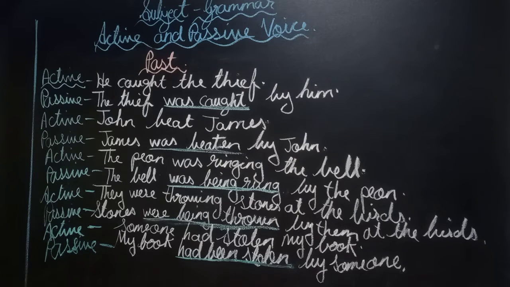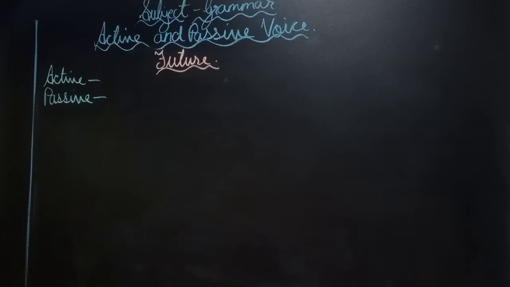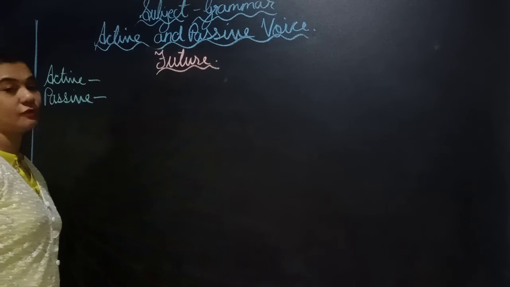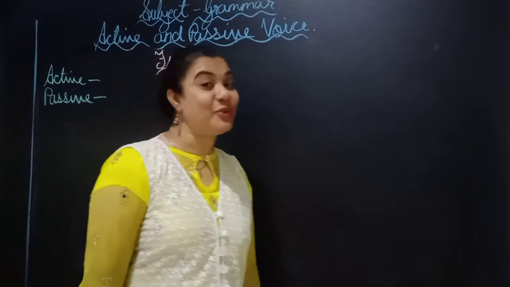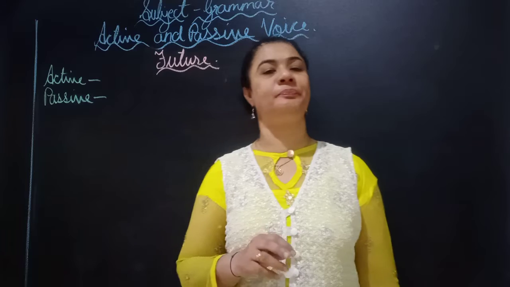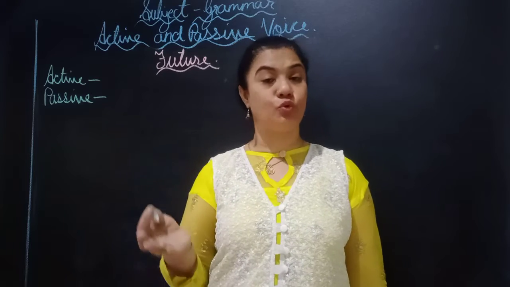Now I'll show you a few on the future. Alright? Yes, now see students, we will do some sentences on the past form and future form, and this future form is only having one, the simple future, that we will change.